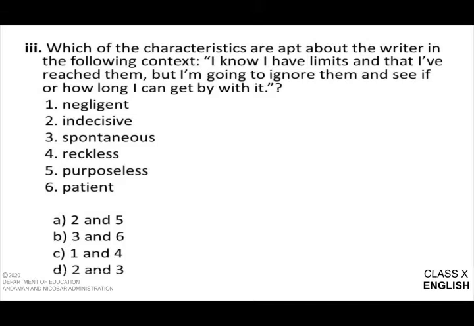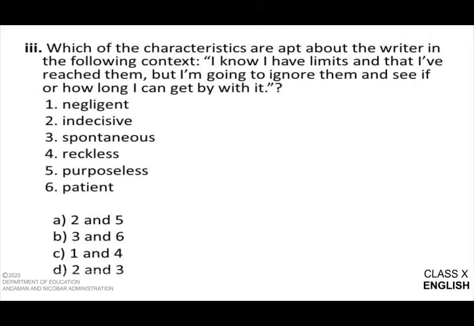Which of the characteristics are apt in the following context? A context has been given for you. I know I have limits and that I have reached them, but I am going to ignore them and see if or how long I can get by with it.